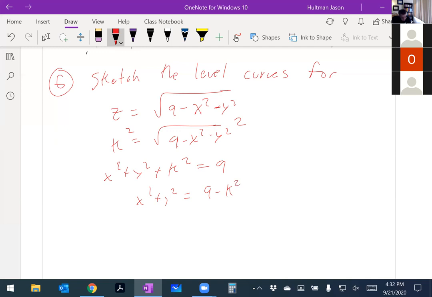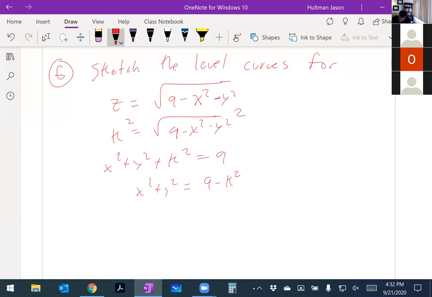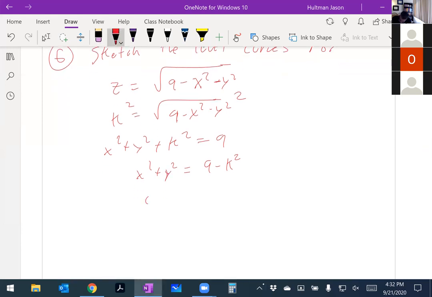Right? Okay. So this is a circle of radius square root of 9 minus k squared, centered at 0, 0.